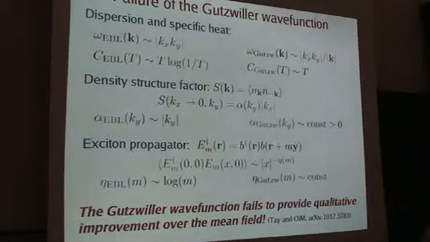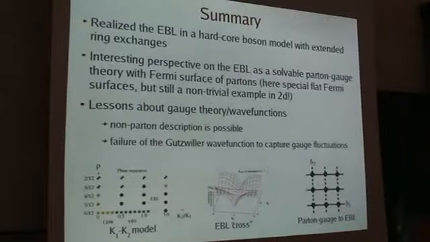So it does not even change any exponents. And besides that, it's qualitatively wrong at long distance. I suspect that the same applies to all gapless spin liquid wave functions obtained by just Gutzwiller projection. It would be interesting if one can learn how to incorporate these gauge fluctuations in the wave function.